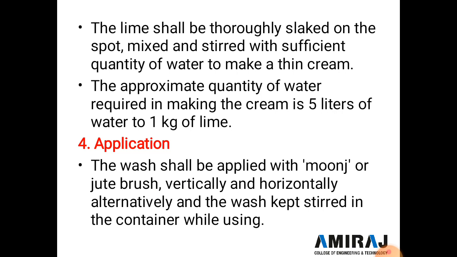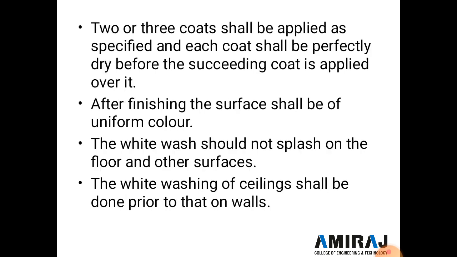Then the fourth specification of whitewashing is the application. Here the wash shall be applied with a jute brush, vertically and horizontally alternately, and the wash kept stirred in the container while using.